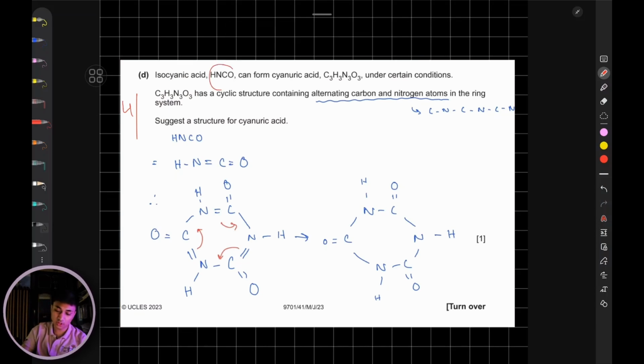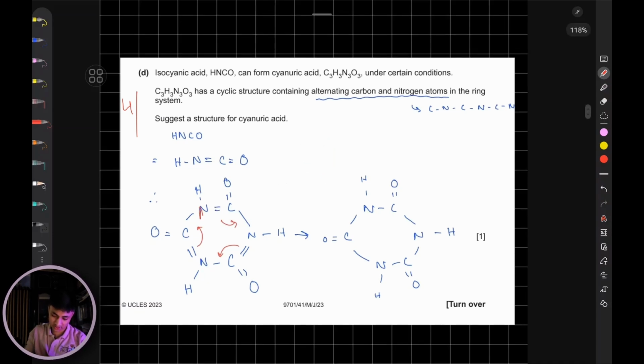Notice there are a total of 4 bonds. Now to have 6 atoms, you need only 2 of the atoms repeating itself. And in this case, they've told you nitrogen and carbon are going to be the atoms. So they're going to repeat nitrogen and carbon over here.